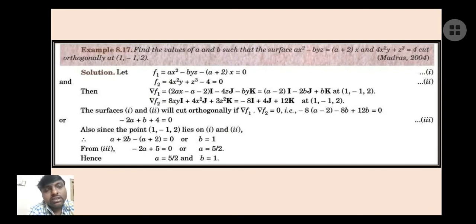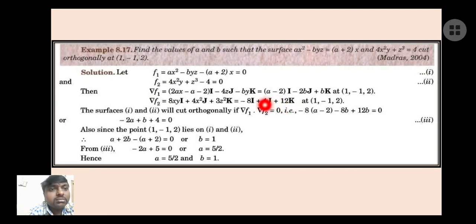We know that the surfaces cut orthogonally. That means the angle between the surfaces is 90 degrees. That means the angle between the two vectors is 90 degrees. Whenever the angle between two vectors is 90 degrees, the dot product must be 0. So del f1 dot del f2 is equal to 0. Now I find the dot product between these two vectors. I am writing the sum of products of coefficients of i bar, j bar, k bar.